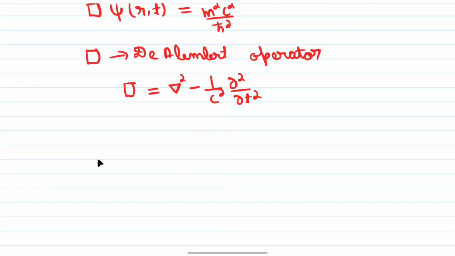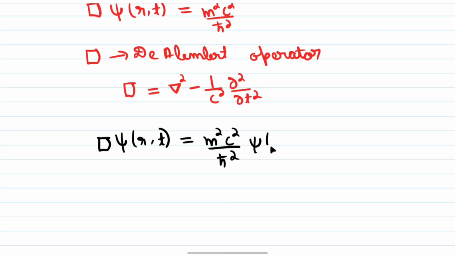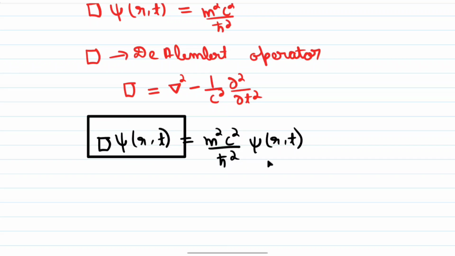If we write the final Klein-Gordon equation, it is box phi of r comma t equals m square c square by h cross square phi of r comma t. This equation is the Klein-Gordon equation.